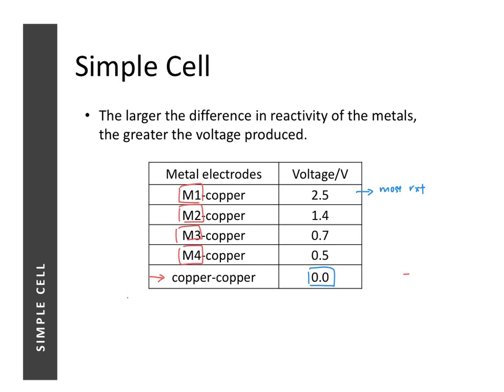And M4 registered the smallest voltage with copper. That tells you that it is the least reactive. So the reactivities of M1, M2, M3, M4 will be as shown: M4 being the least reactive, followed by M3, followed by M2, and the most reactive is M1.